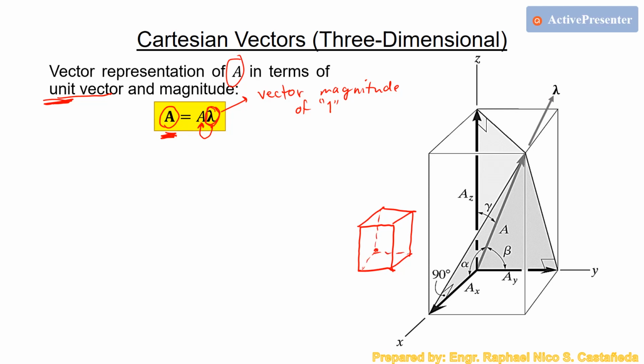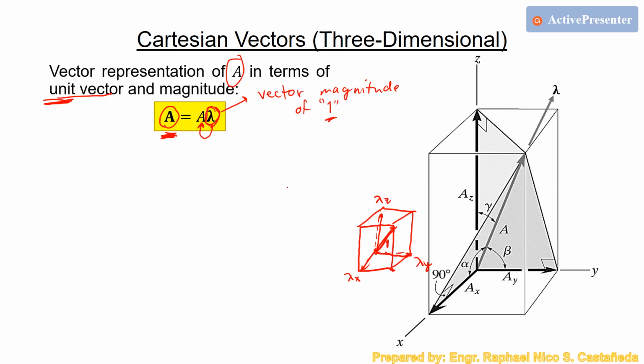If we draw this vector here, these are the three components, Ax, Ay, and Az. Let's call the components of the unit vector lambda X, lambda Y, and lambda Z, because lambda, the unit vector, has a magnitude of 1.